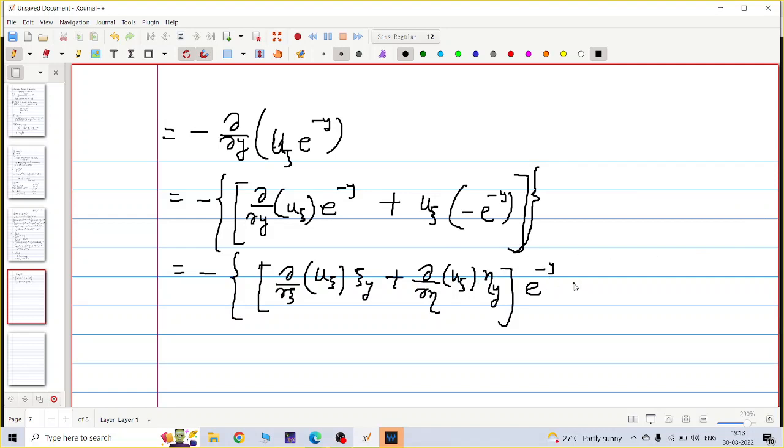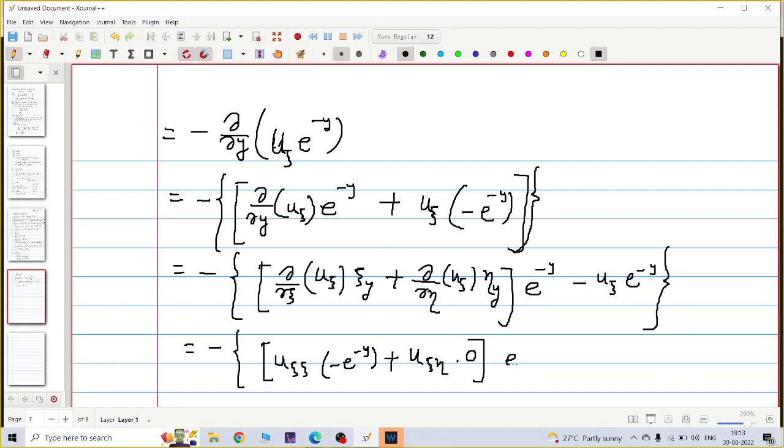This is just minus u_xi e power minus 1. So I write minus u_xi into xi_y is what? Minus e power minus 1, plus u_xi_eta into eta_y is again a 0 into e power minus 1, minus u_xi e power minus 1.